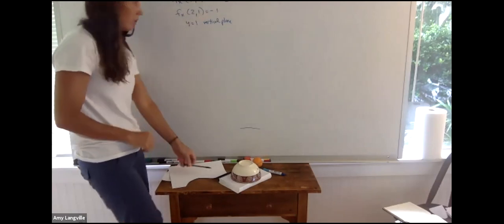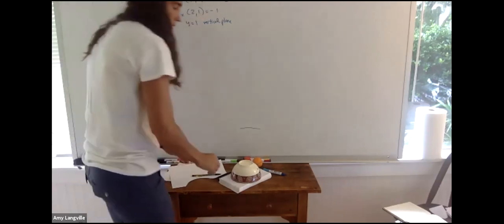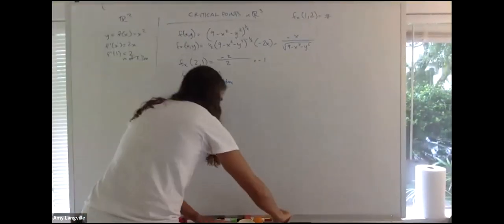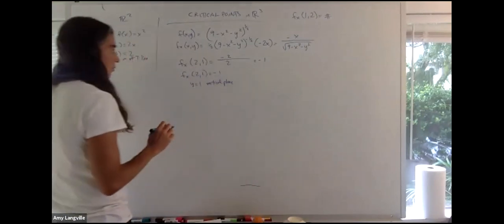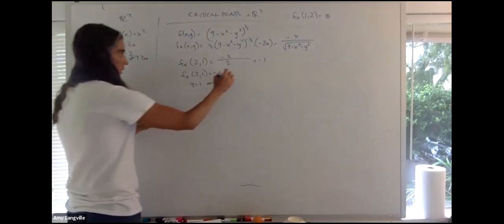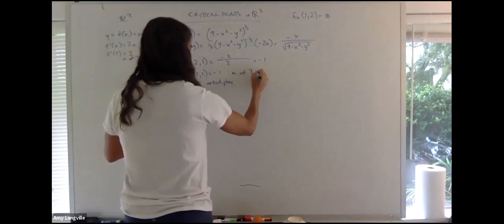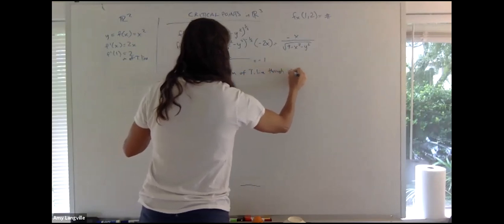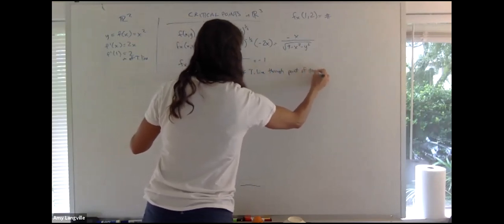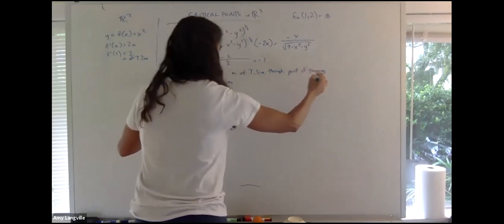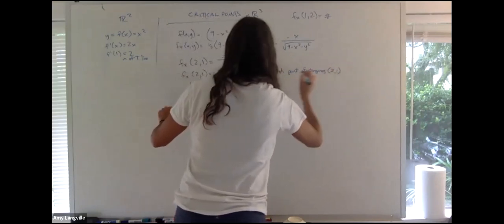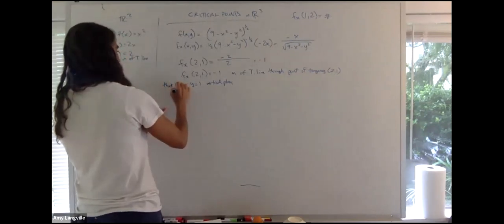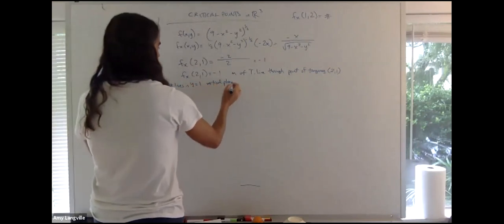That's exactly what this partial means. So the visual interpretation, it's important that you can visualize that and then verbalize it. This is the slope of the tangent line through the point of tangency, which in this case is the point (2, 1), that lives in the y equals 1 vertical plane.